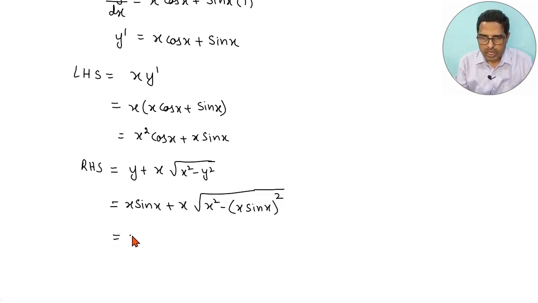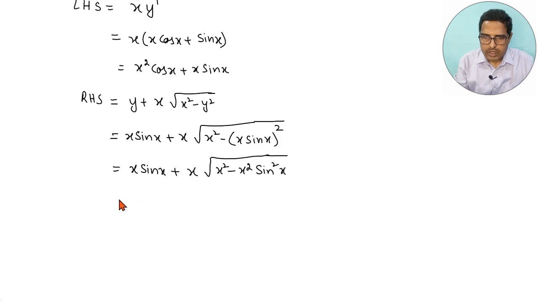This is nothing but x sin of x plus x square root of x square minus, this becomes x square and sine is also squared, so we get sine square of x.